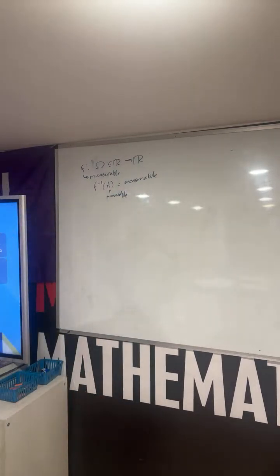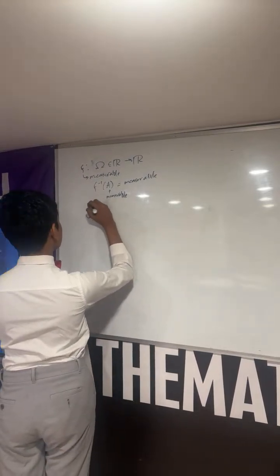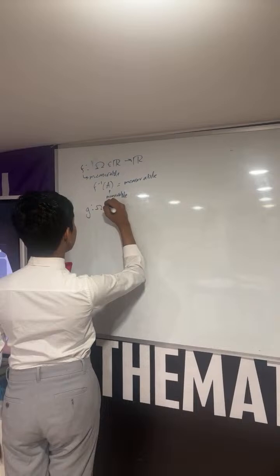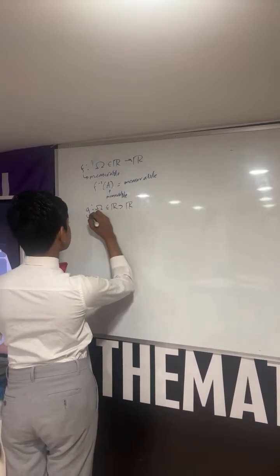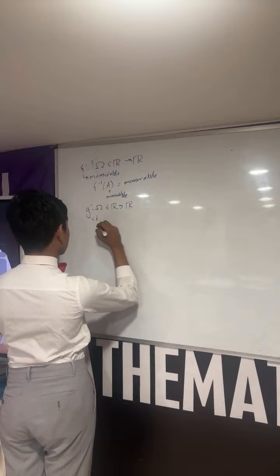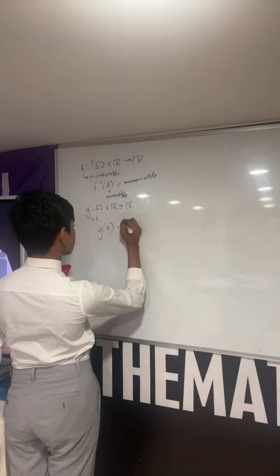Okay, so now let's say we have g from the same domain to R such that g of x works a certain way.